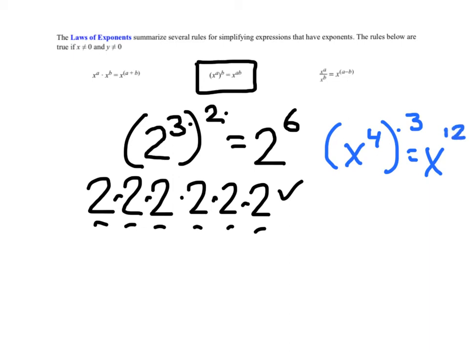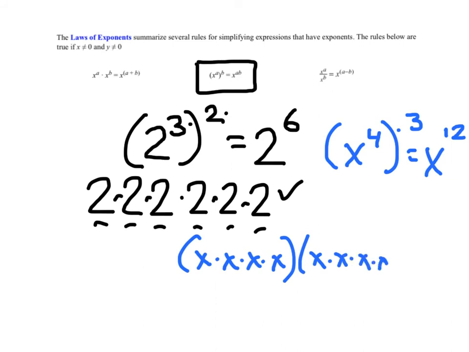All right, and if I wrote it out in factor form, x to the 4th is x times itself 4 times. And if I cubed it, that means I'm doing that 3 times. So yes, this would add up to a total of 12 factors of x. x is being multiplied 12 times. So that works.